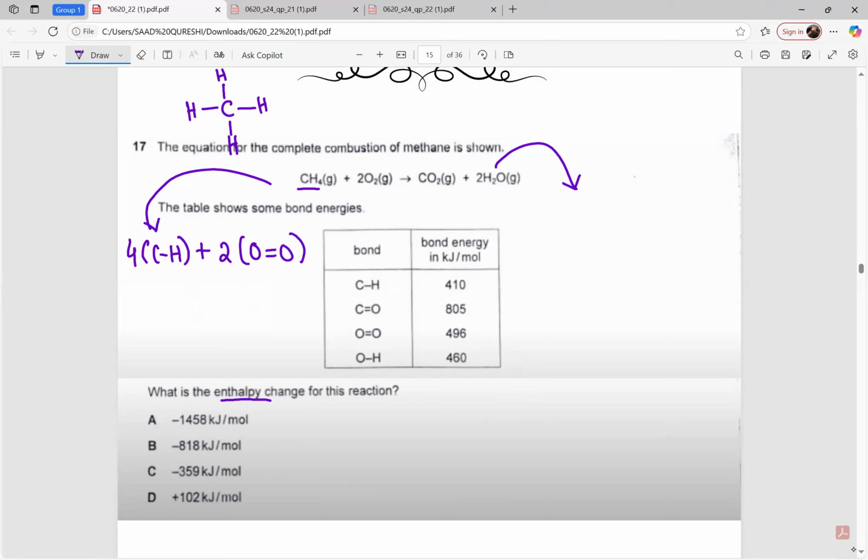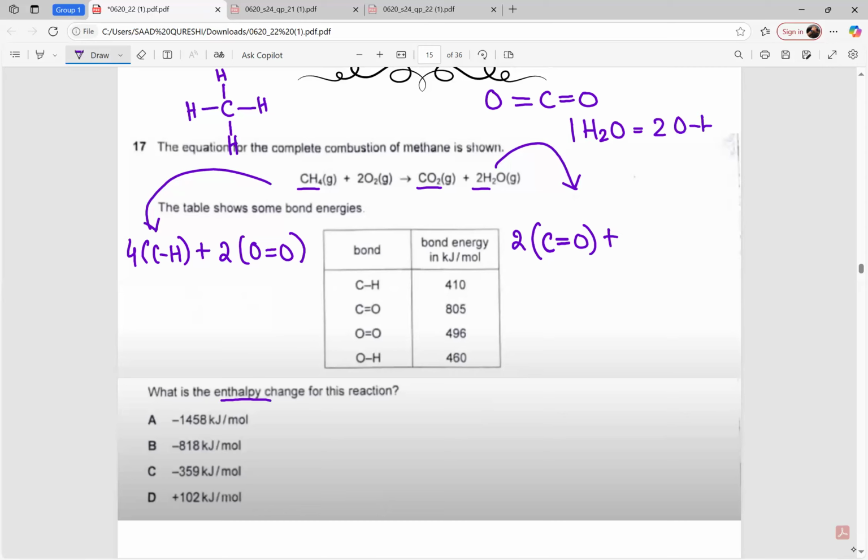And as for the product, for carbon dioxide, the structure is like this. Carbon in the middle, then 2 double bonds. So there are 2 C double bond O bonds. Plus, for 2 molecules of H2O, in one H2O there are 2 O-H bonds.